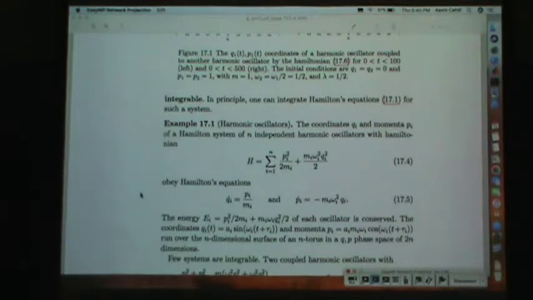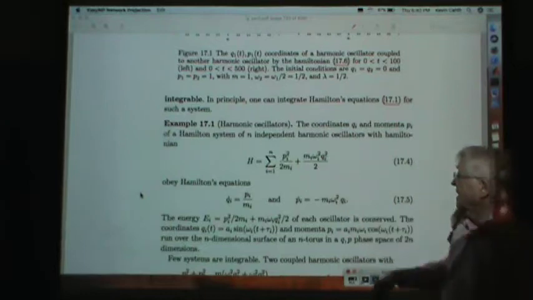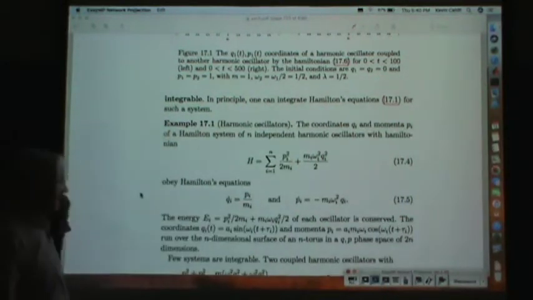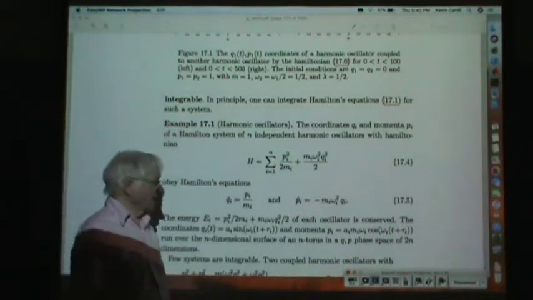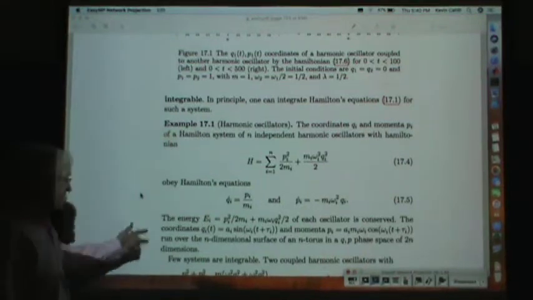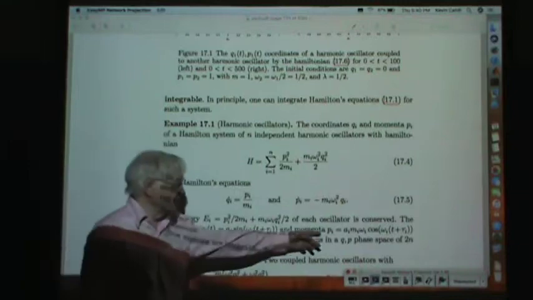If you have n harmonic oscillators that don't interact, then they obey very simple Hamilton equations that are independent of each other. And the energy of each oscillator is conserved, the coordinates vary in this way, the momenta vary that way.